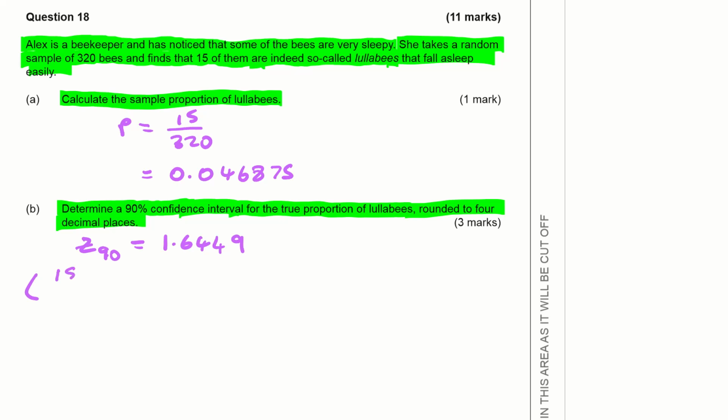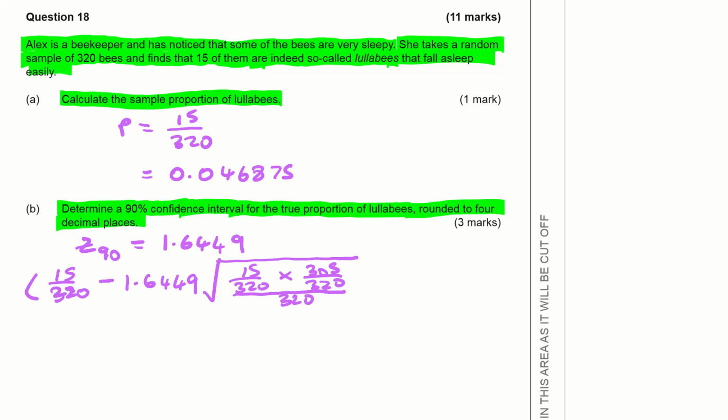So it would be 15 over 320, take away 1.6449 times the square root of 15 over 320 times 320 take away 15 is 305 over 320, over 320, and then the 15 over 320 plus that, plus the same thing.